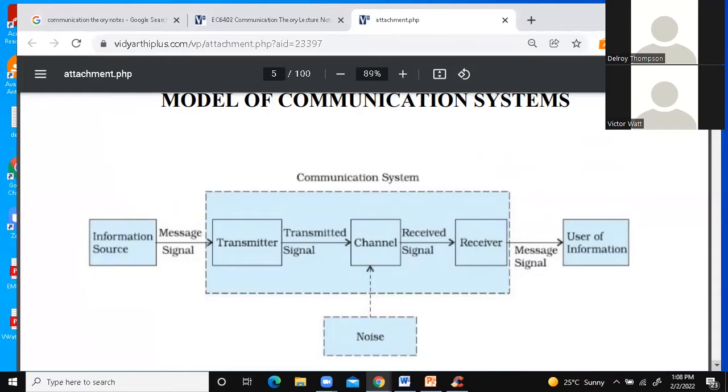But look at this one for a minute. We have the information source. I am talking here now. I'm the source. Well, actually, we are utilizing all three common sources, right?